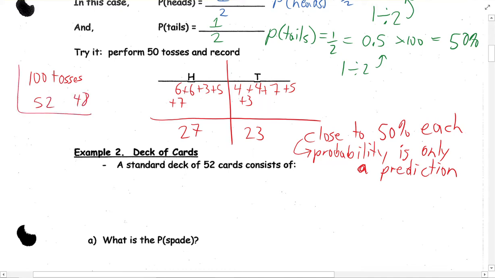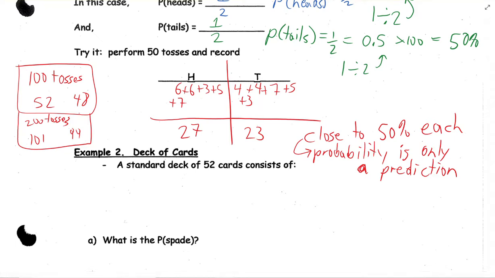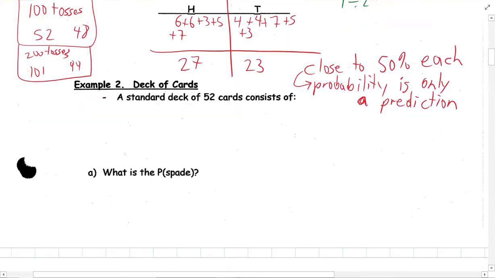If we did something like maybe 200 tosses, then eventually what we're going to find is it might be something like 101 and 99. It's not going to be exact, but it's going to get closer and closer to exact. And if we're doing more, it's going to be even closer. Okay, so probability, it's just a prediction.